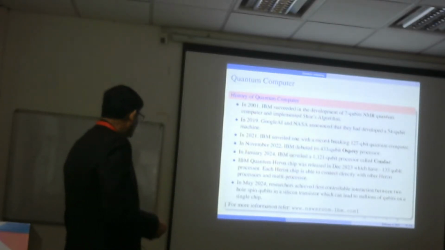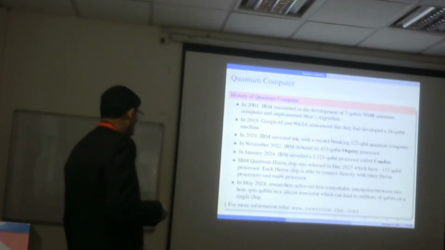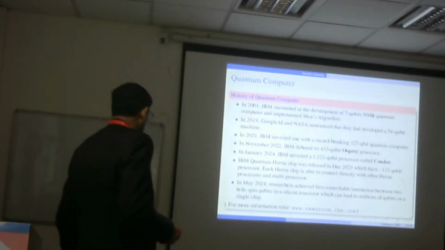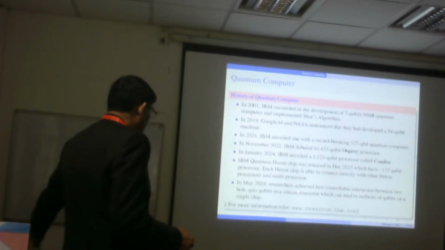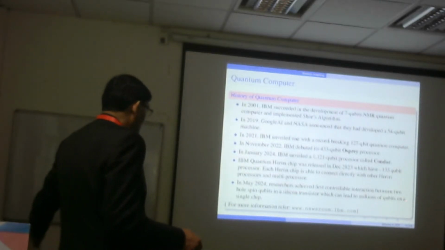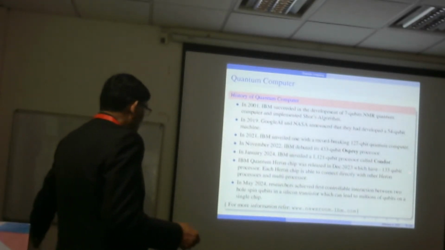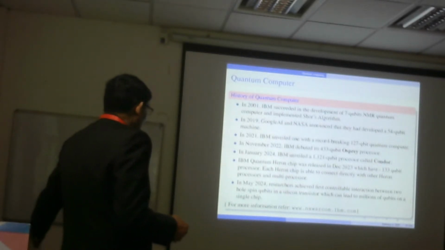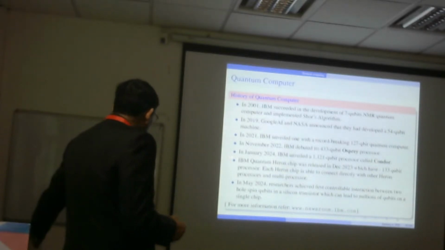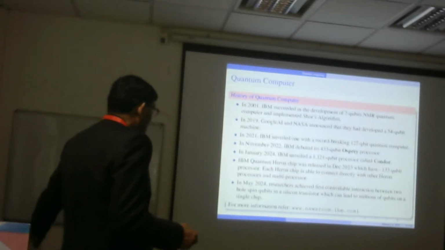In the last 10 years, a lot of work has been done in the development of computing. In 2004, researchers achieved the first conventional interaction between two whole spin qubits. IBM's Quantum Heron chip was released in 2023, containing 133 qubits, and IBM unveiled the 1121-qubit processor called the Condor processor.